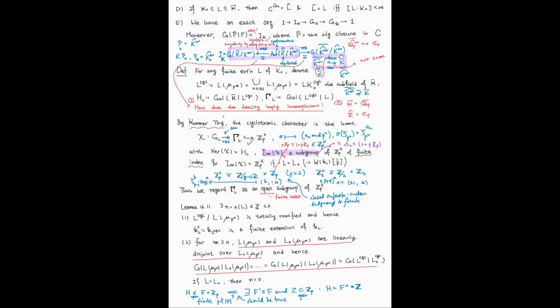Yeah, but I mean because the completion of the algebraic closure is not an algebraic extension of the completion of K. Yeah, I mean here on the right hand side, this is the algebraic closure of this field, right?